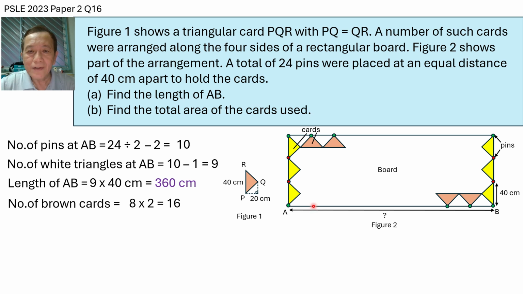And because there's a top and a bottom, we times 2 equal 16. Number of yellow cuts, we can see very clearly 3 times 2 equals 6.